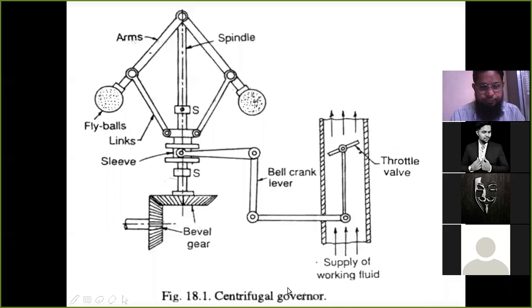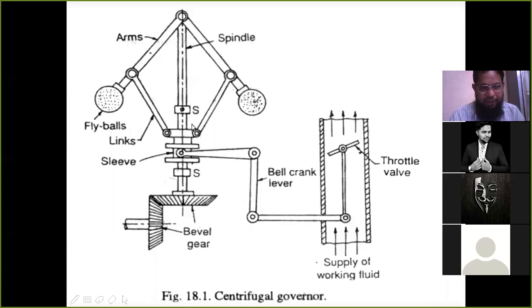Now you see this configuration of links and arms, it is called a conical pendulum. What you see in the diagram is a conical pendulum or pendulum type governor.